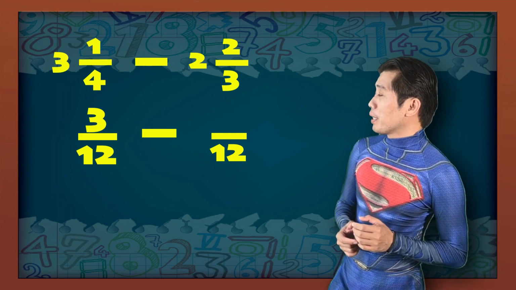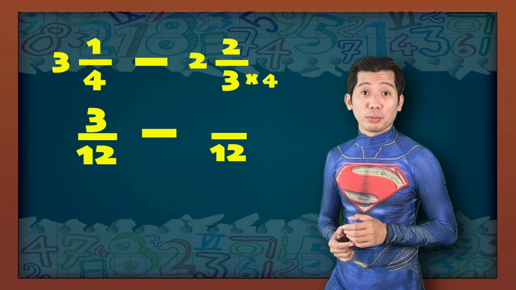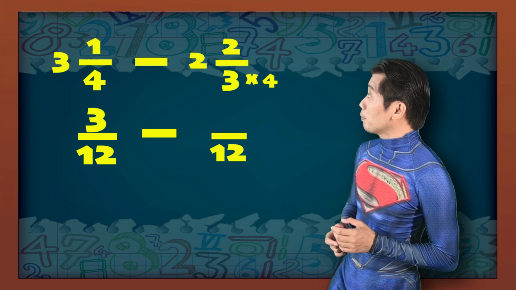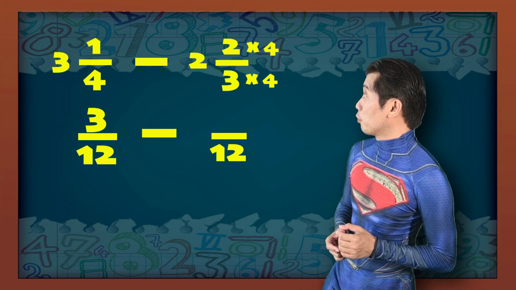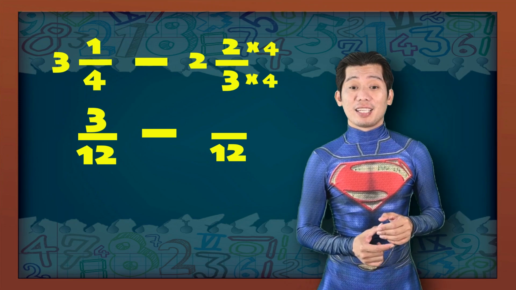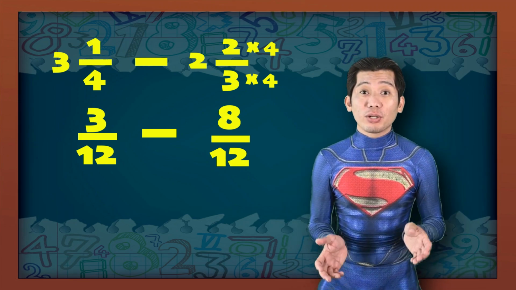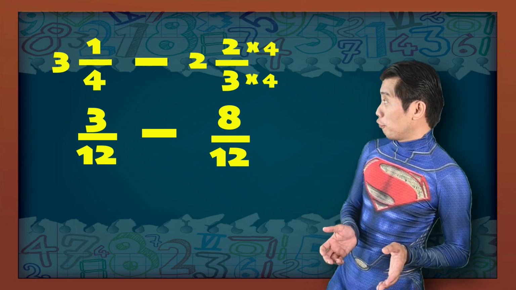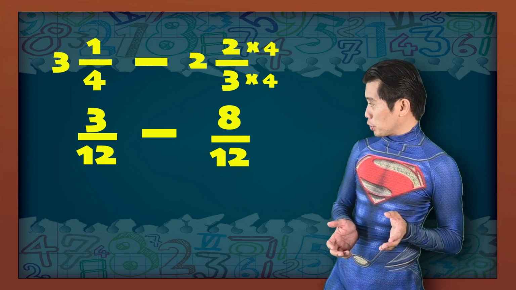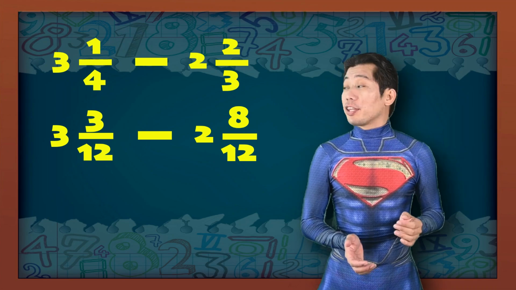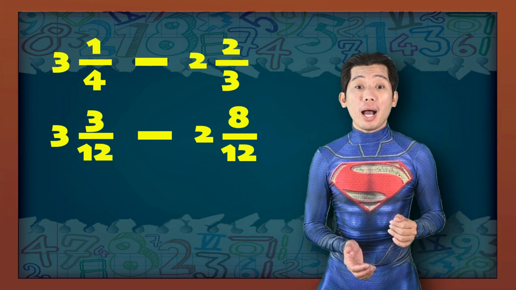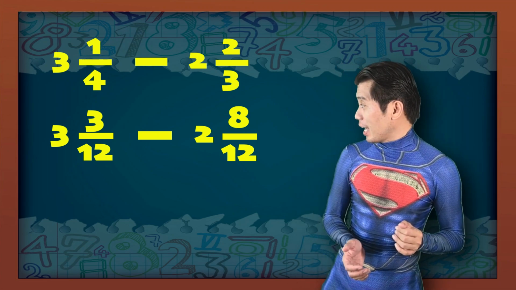Multiply 3 by 4 to make it a 12, and then multiply the numerator 2 by 4 to make it an 8. And so the new equivalent fraction is 8 over 12. Therefore, we are now going to subtract 3 and 3 over 12 minus 2 and 8 over 12.